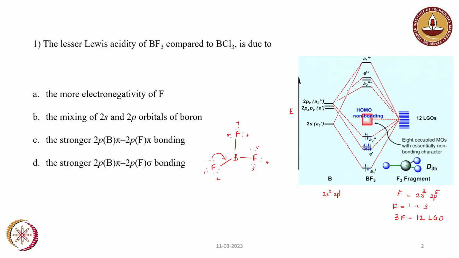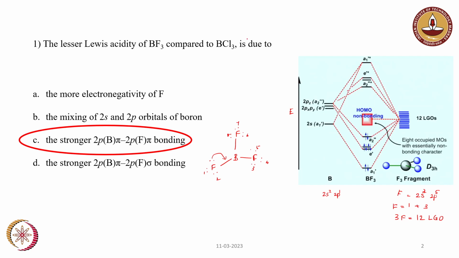And here, because of the similar energies of fluorine and boron atomic orbitals, the back donation happens, and a 2p pi 2p pi bonding is formed. So the answer will be option C, the stronger 2p b pi 2p f pi bonding.